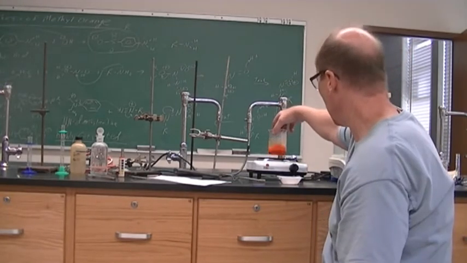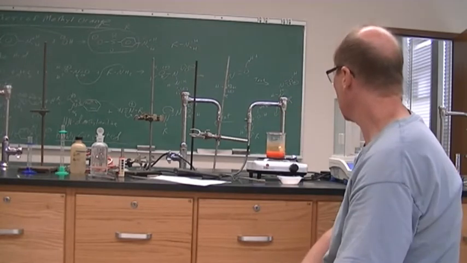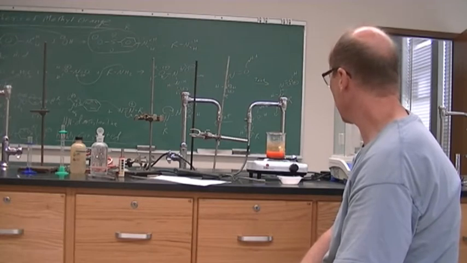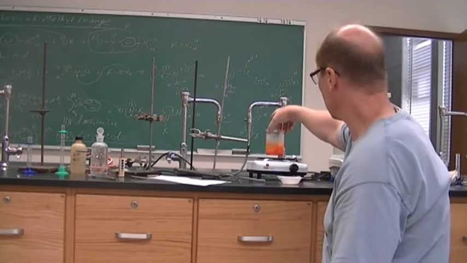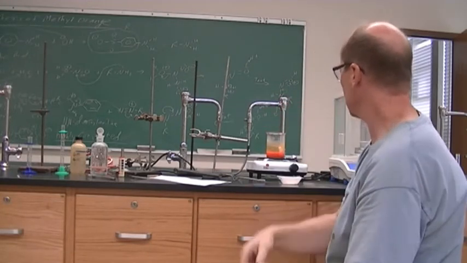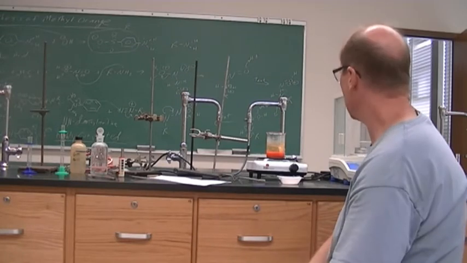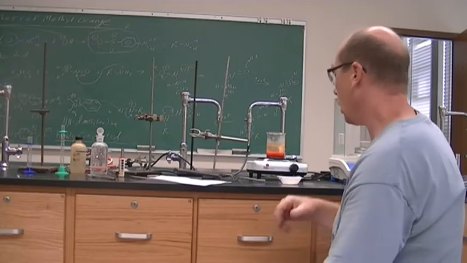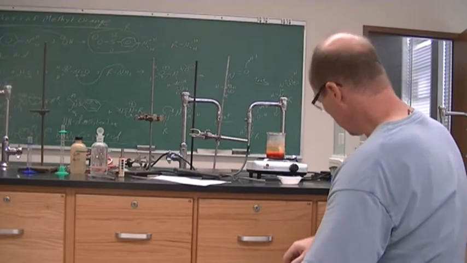So we will have our acid-base colors. Phenolphthalein is the usual indicator that we use, but methyl orange is also used in some other titrations.